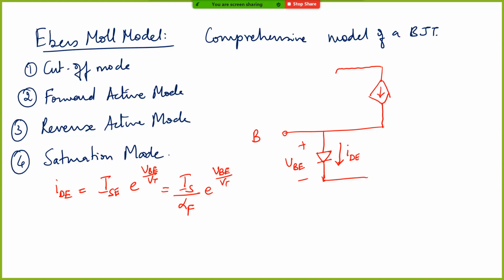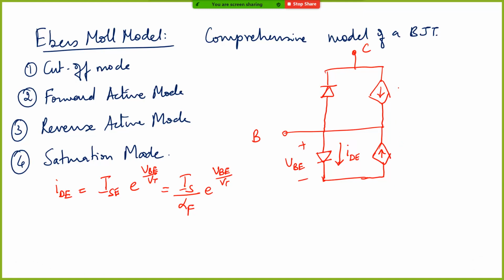What is the reverse active model? We basically had a diode here, in this direction, and this is your collector terminal. Now let's put one more dependent current source, but in the opposite direction. What was the value of the current source?